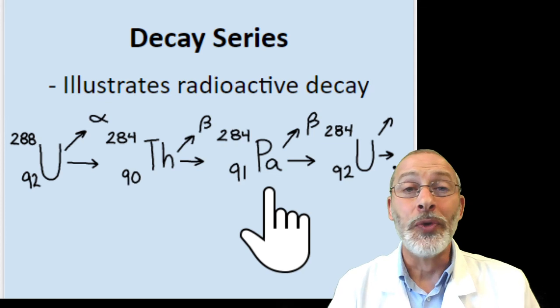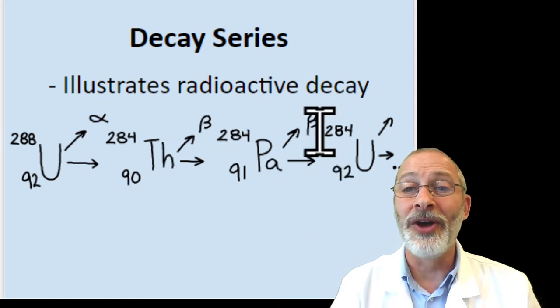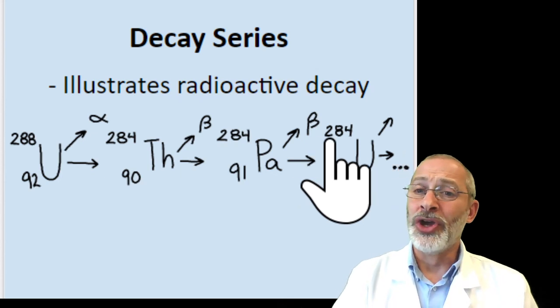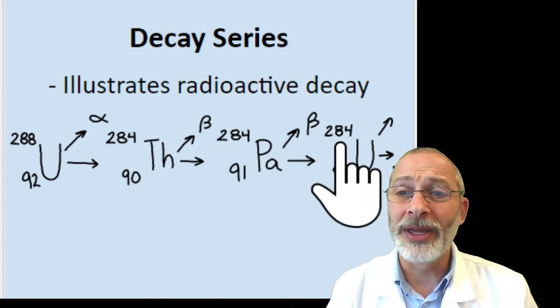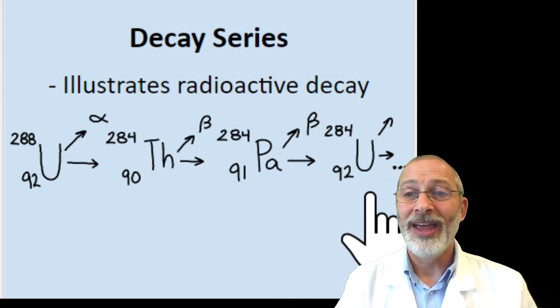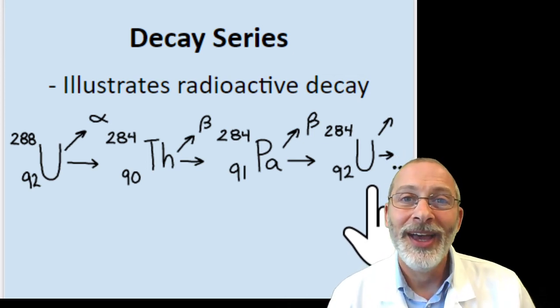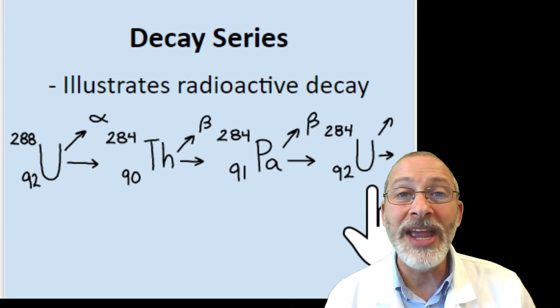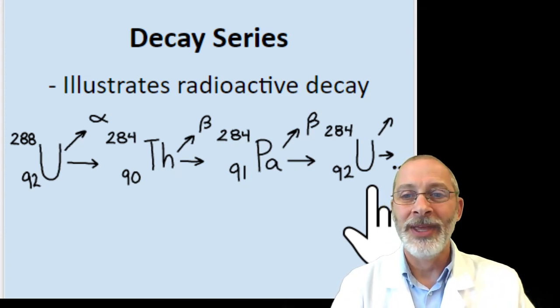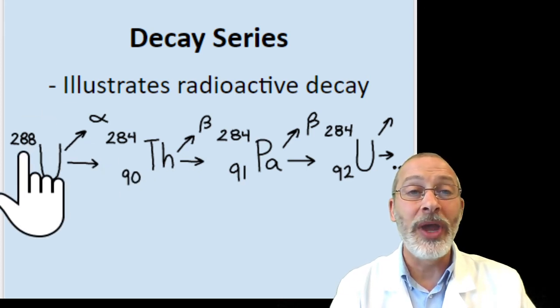And this radioactive element then also undergoes beta decay. Notice what happens to the atomic mass and the atomic number. And look at this. It forms uranium again, but not the same kind of uranium. It's not uranium-288.